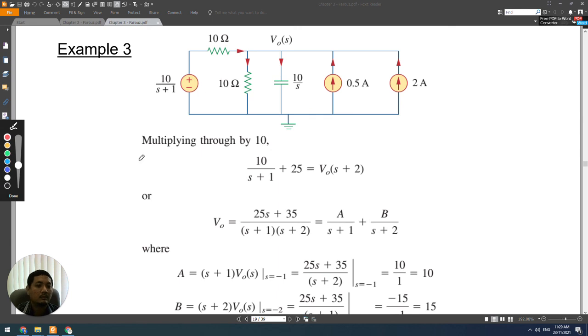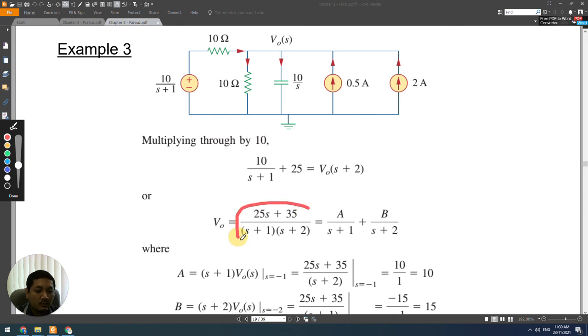Next, we reduce the equation to this form. We multiply both sides with 10, then we come to this equation and we rearrange again to make it like this, because we want to get V out.